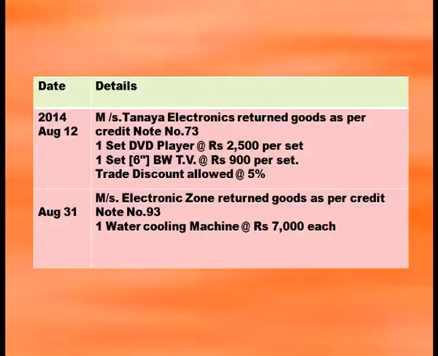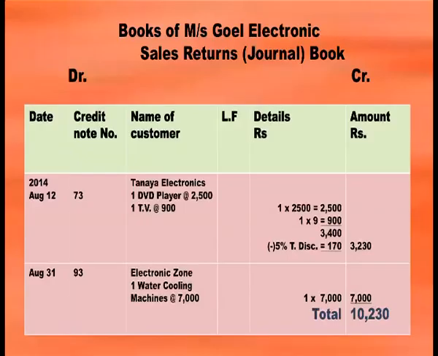Messrs Tanya Electronics returned goods and Messrs Electronic Zone returned goods. So, these are the cases of sales returns. So, it should be recorded in the sales returns book with trade discount in one transaction. See how it is appearing? Books of Messrs Goel Electronics.